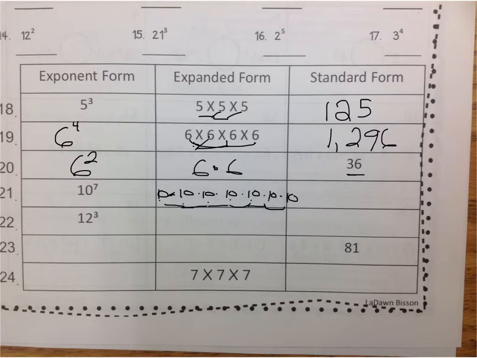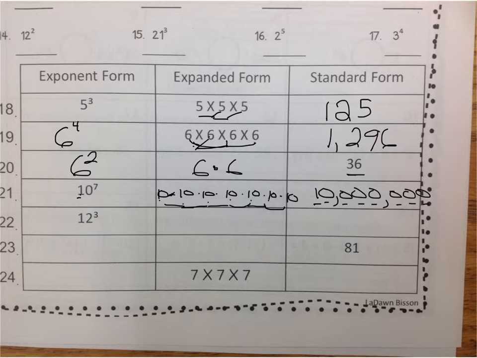Times 10 equals 10 million. Okay. And the way I know that is 10 to the 7th is I put my 1 down and then I put 7 zeros. 1, 2, 3, 4, 5, 6, 7.